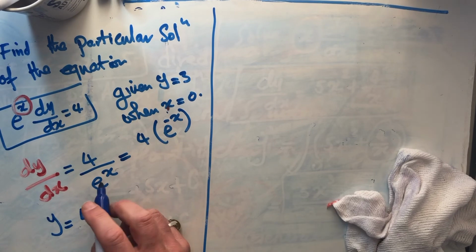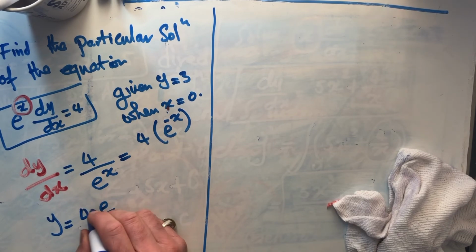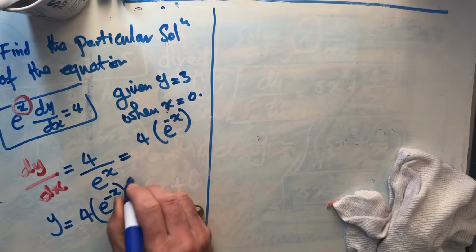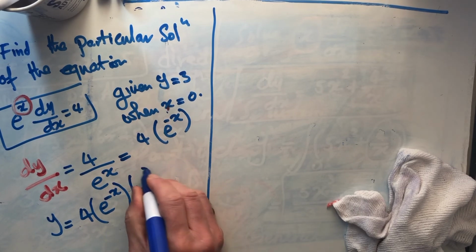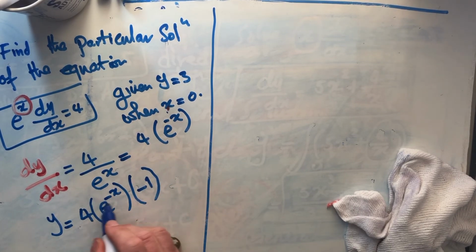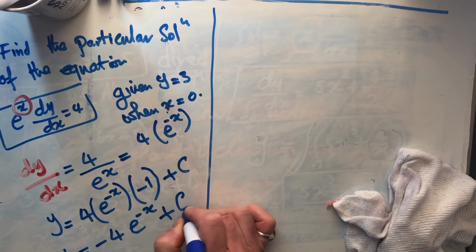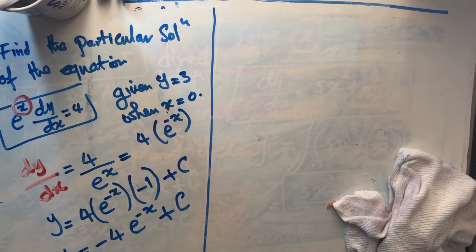If you look up your table of formula for the integration of e to the power x, that is e to the power x, here minus x, times minus 1. This comes from here. So y is equal to minus 4e to the minus x plus the constant of integration.